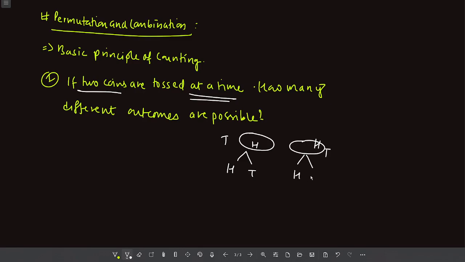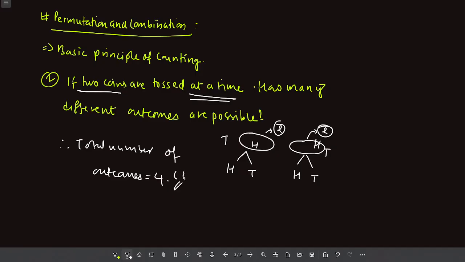So here there are two possibilities in the first event. In the second case there are also two possible events. That means the total number of outcomes will be how much now? 4. Yes, the total number of outcomes is equal to 4. 2 times 2 is 4.